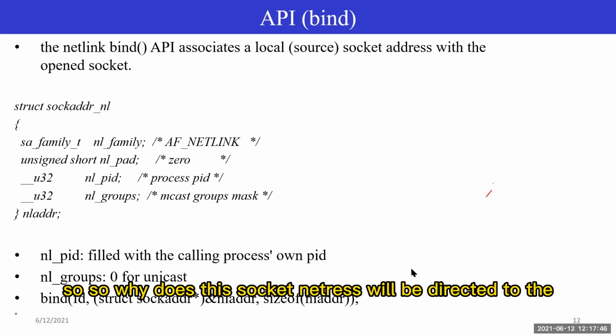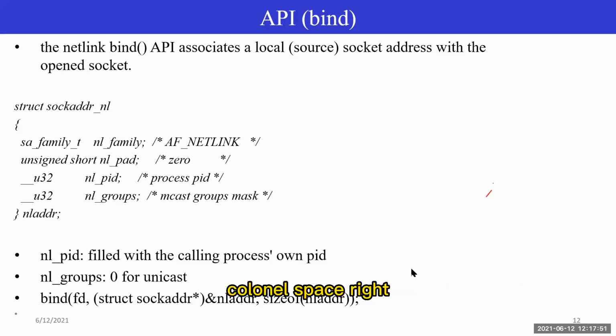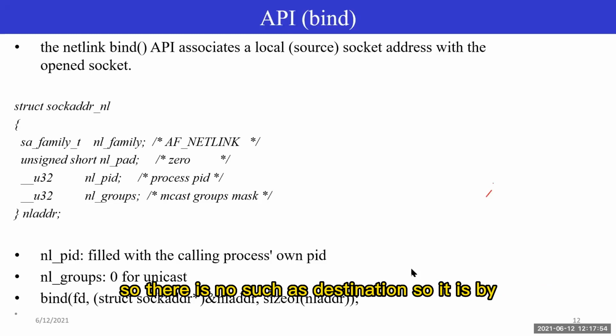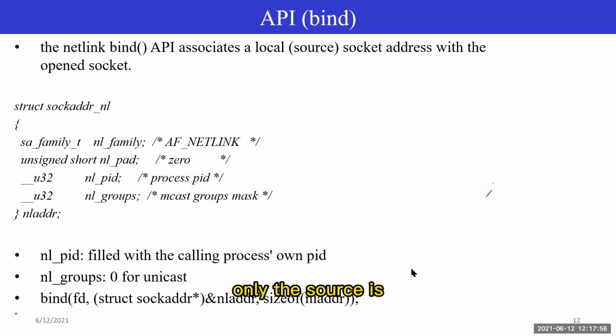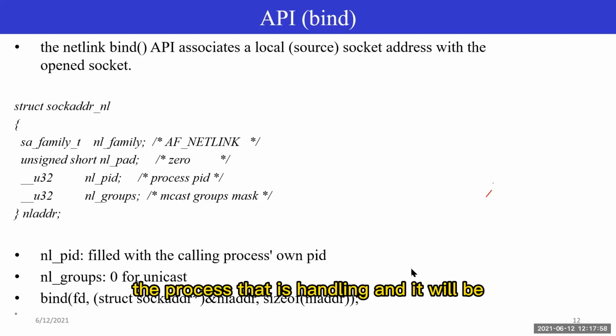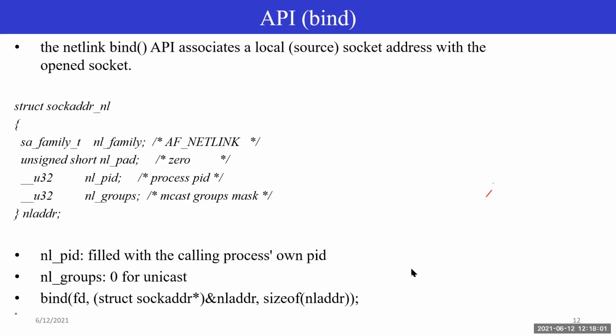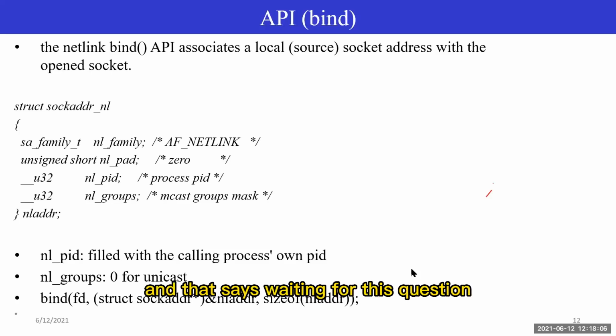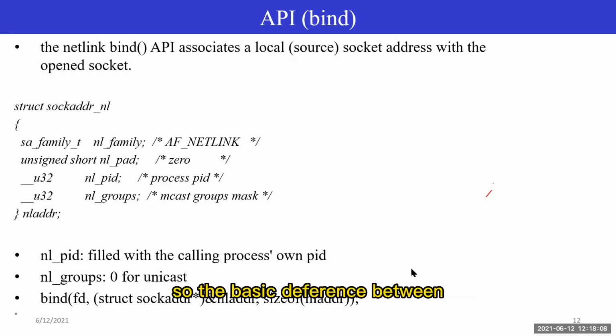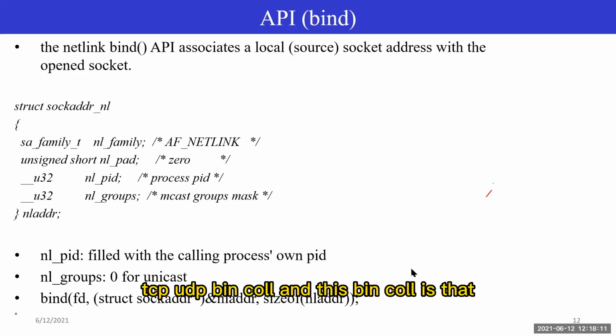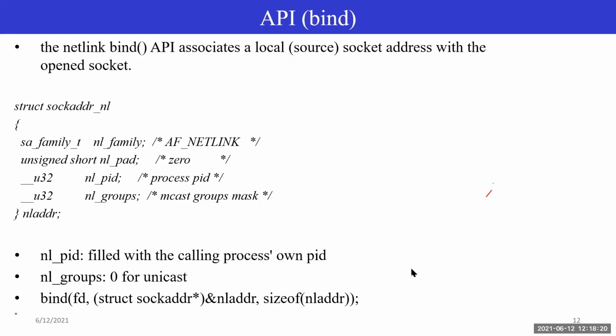By default, this socket address will be directed to the kernel space, right? There is no such thing as a destination. The source is the process that is handling it, and it will be directed to the kernel. Correctly pointed out. I was just expecting that question. The basic difference between the TCP/UDP bind call and this bind call is that there is no port and no IP address. Instead, there is a PID and the group.